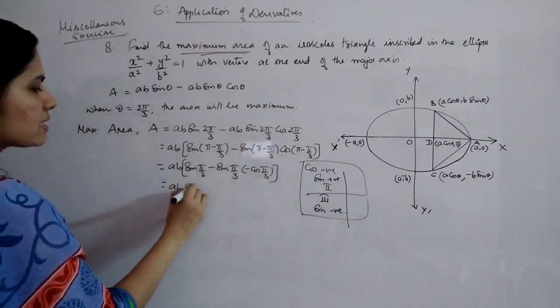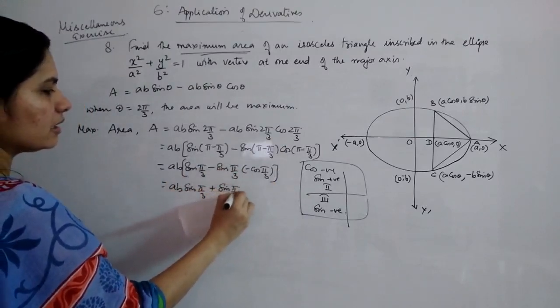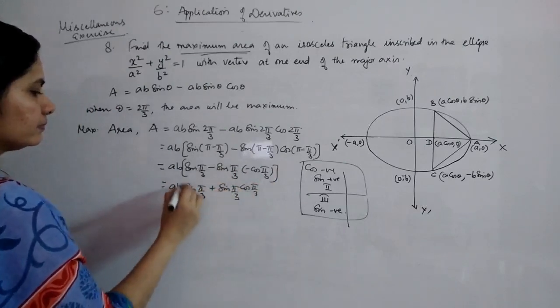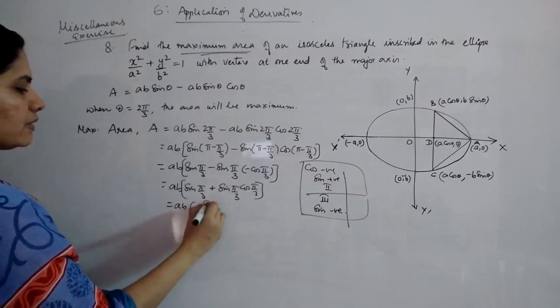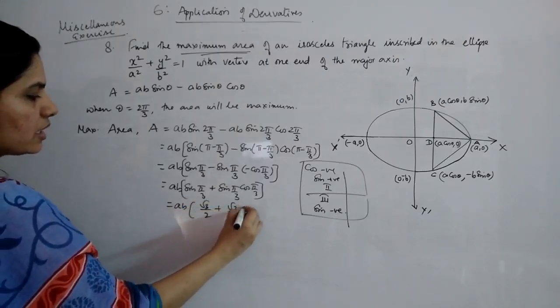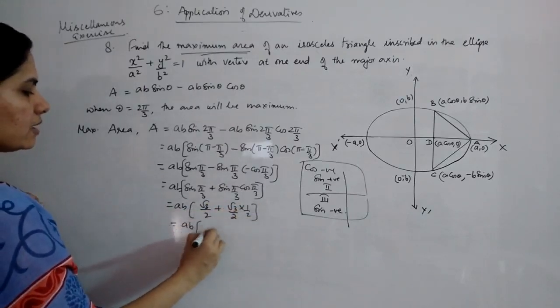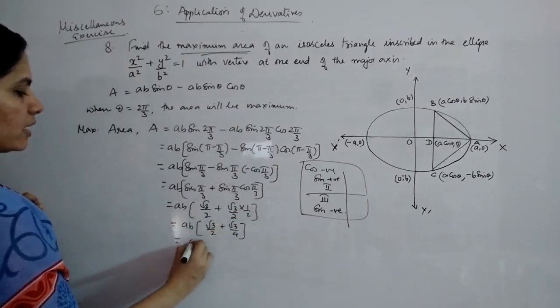So AB sine pi by 3, this will give you plus sine pi by 3 cos pi by 3. AB is in common. AB into sine pi by 3 will give you root 3 by 2 plus again root 3 by 2 into 1 by 2. So AB into root 3 by 2 plus root 3 by 4. Root 3 again taken out.